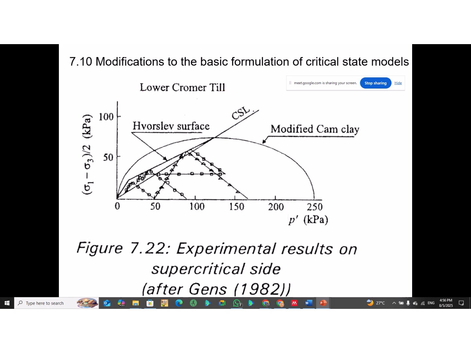This was the critical state line, but Hvorslev found that there is some little variation, and tried to come up with something closer to the behavior of the soil they were describing. But you can see now even he has plotted his and also what is existing, isn't it?